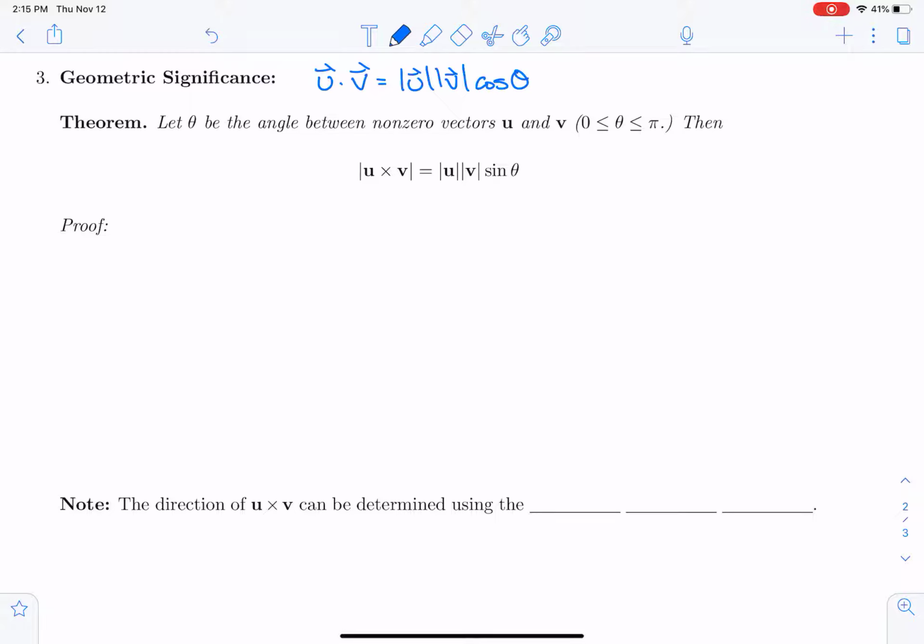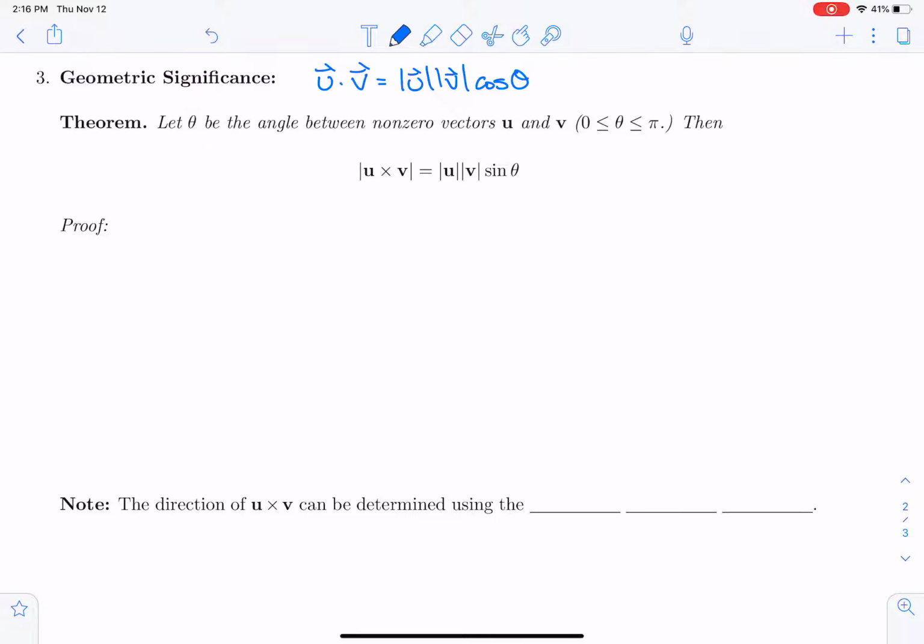Well, we have a similar property for cross products, and that cross product property is that the magnitude of u cross v is equal to the magnitude of u times the magnitude of v times the sine of the angle between them.